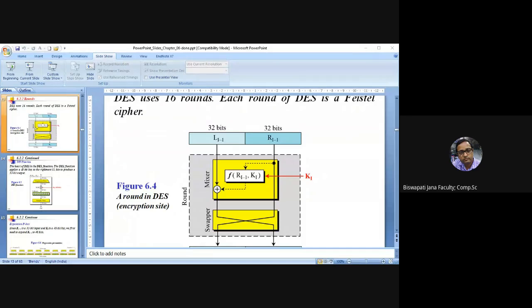You have 32 bits on the right hand side, then you apply the expansion P box where the 32 bits are expanded into 48 bits. Now again the question arises how this can be done. I am coming to the next slide.